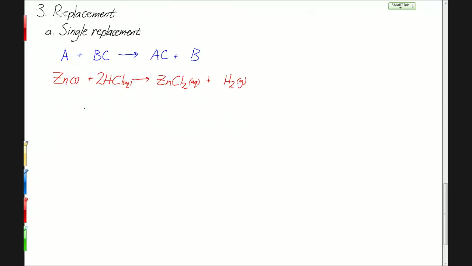And then the other category is called double replacement. As you might expect, this has 2 reagents, each having 2 parts, and they switch partners. Cations and anions. Cations switch anions, anions switch cations.